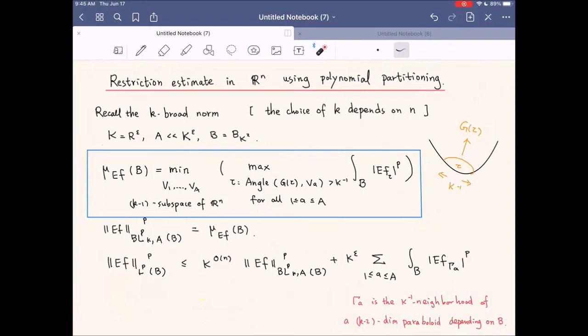So one idea is, before we discuss the broad-narrow decomposition, we decompose the LP norm of F into a K-broad part and a K-narrow part. And the K-narrow part will have Fourier support inside a lower dimensional paraboloid. And one question is, how do we control those narrow parts?